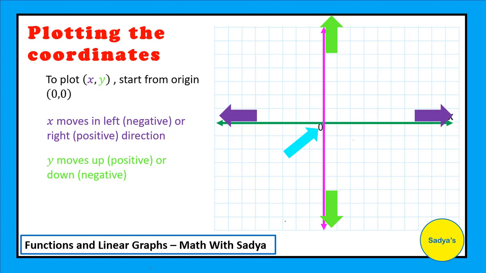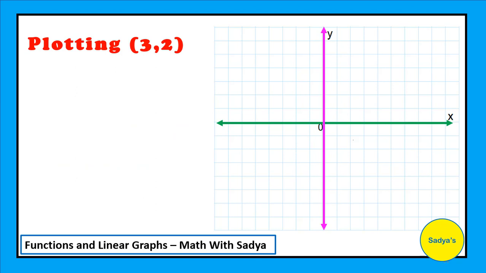Let's see some examples. Let's suppose we have the ordered pair 3, 2. It means the first value is representing x and second value is representing y. So we start from origin. You can see the red dot. Look at the value of x. It is positive. It means we will move towards the right.